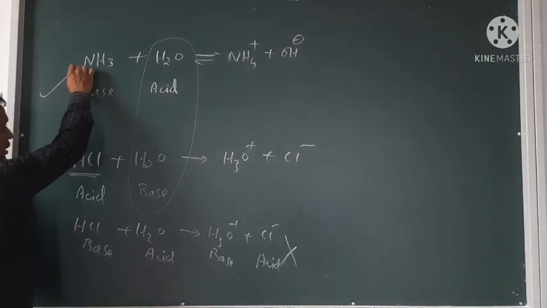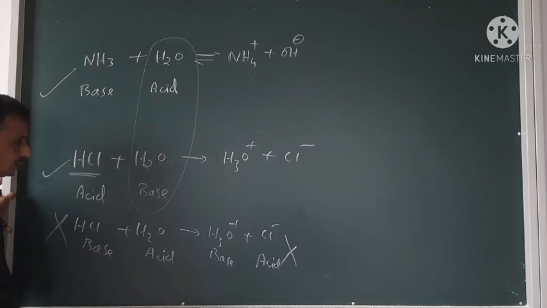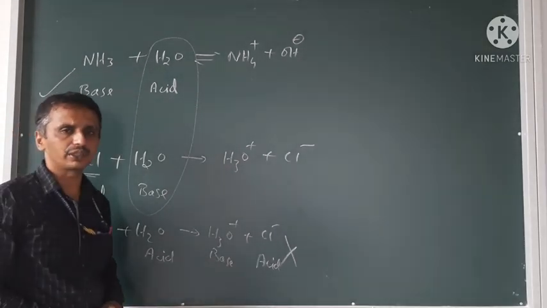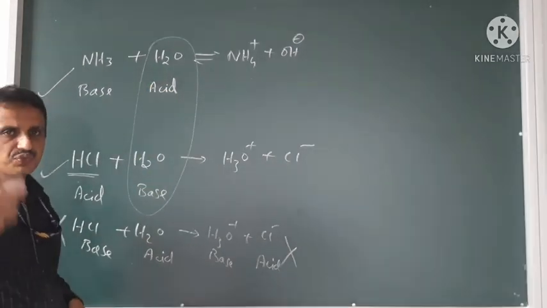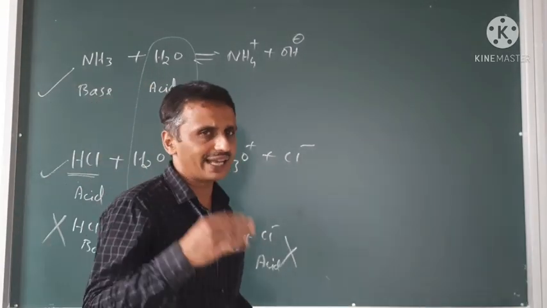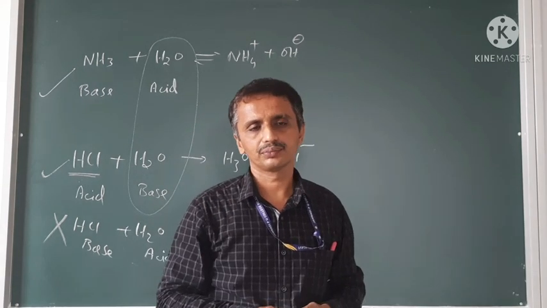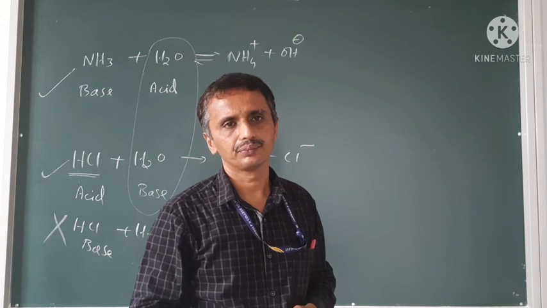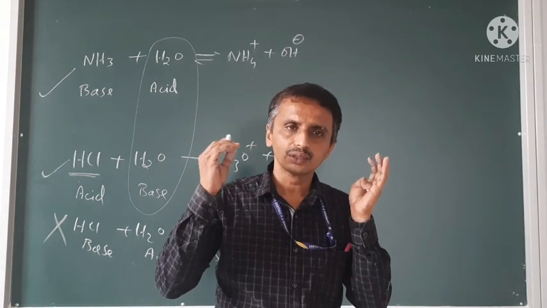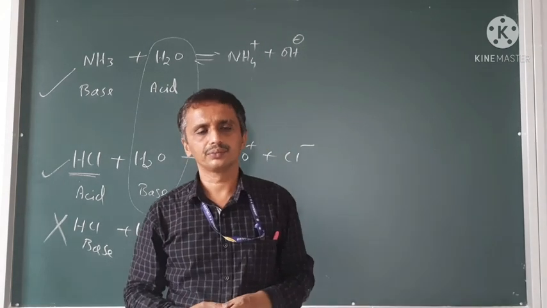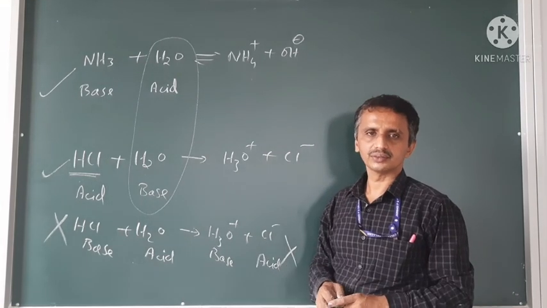The same substance, if it can act as an acid as well as a base, is called an amphoteric substance. Zinc oxide, or Al2O3, alumina, these are all amphoteric oxides. Like that, water is an amphoteric substance.